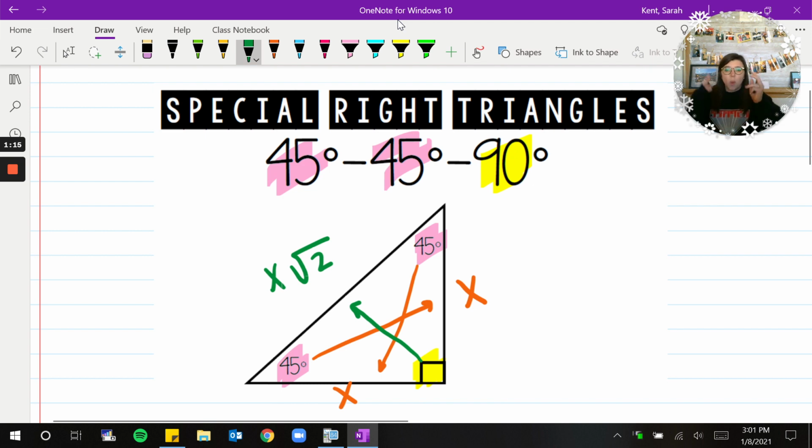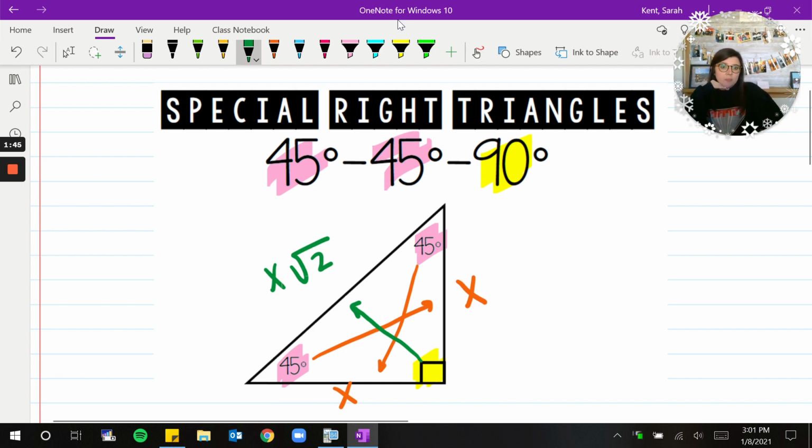This is the picture we'll need to remember as we look at these different examples, because we'll be going through the same process: the two legs are the same number, and then our hypotenuse is going to be that number times the square root of 2. If it helps you think about A, B, and C, A and B will be the same, and then C will be whatever the side length is times the square root of 2.